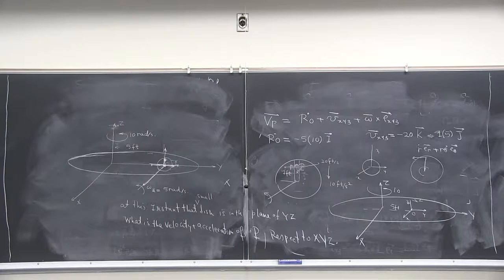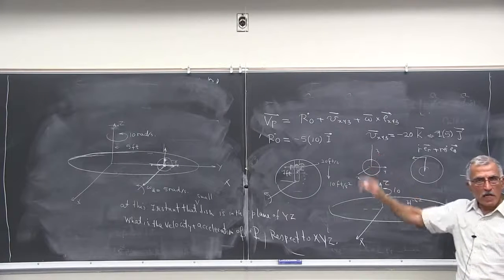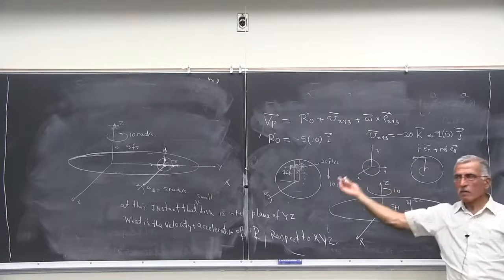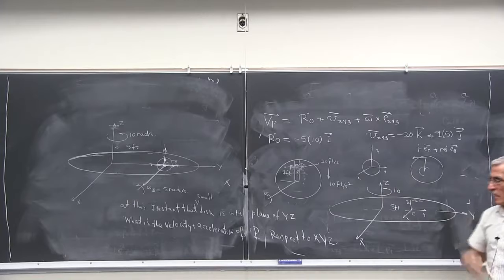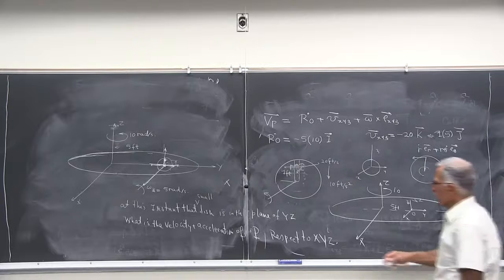Finally, forget about the particle, this auxiliary reference frame is being twisted. It is attached to the big disk like this, and it's being twisted. So anything that is inside of that system also gets twisted, and that's omega times rho xyz.